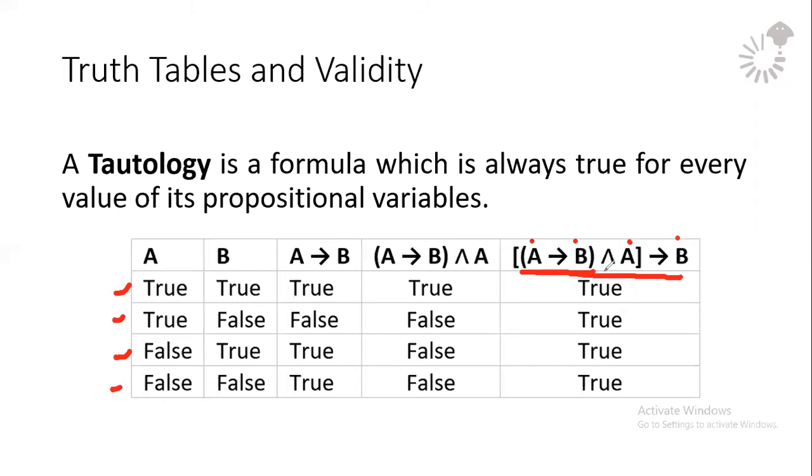Now, if we execute this equation, this is the value we get: true, true, true, true. So we use a truth table to show the value of this statement.